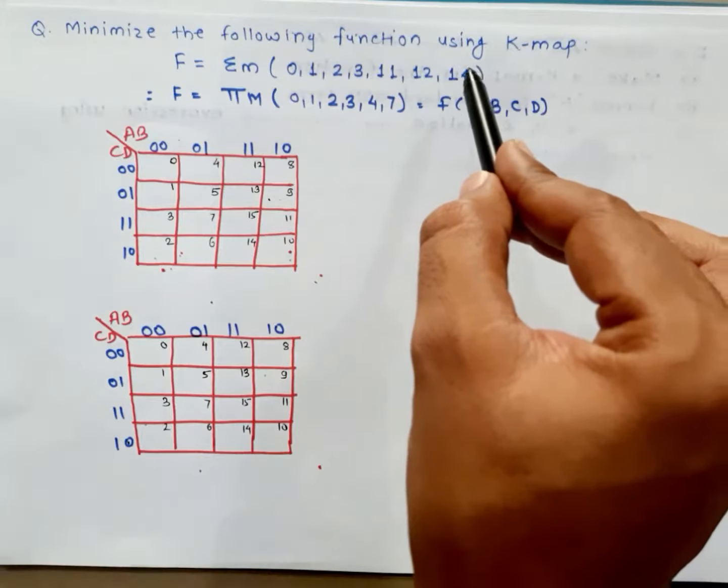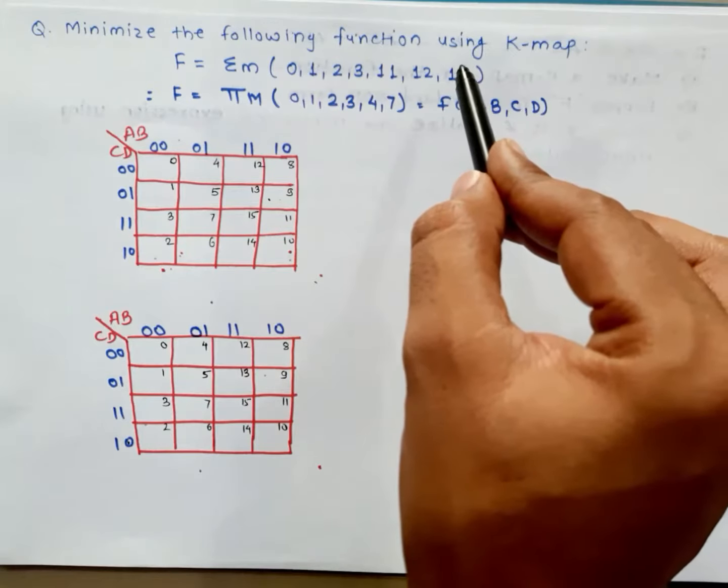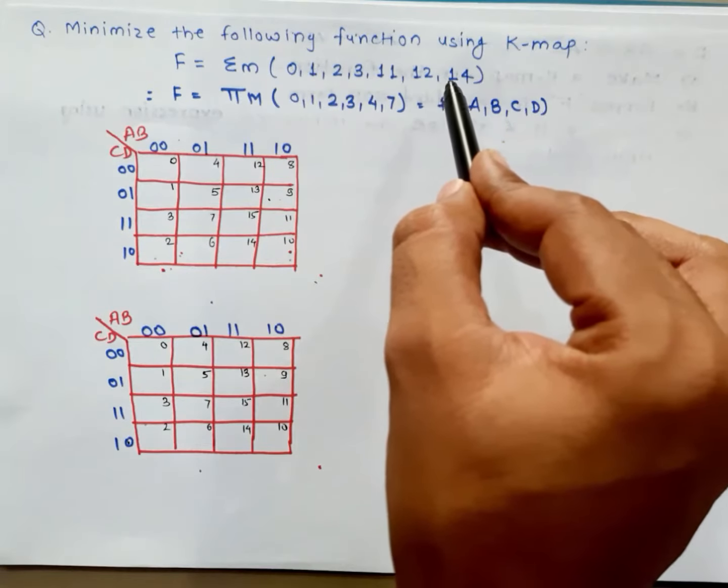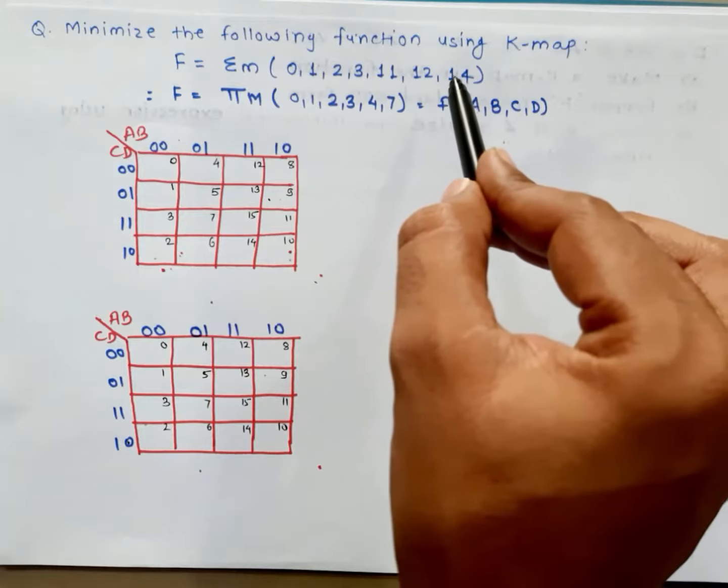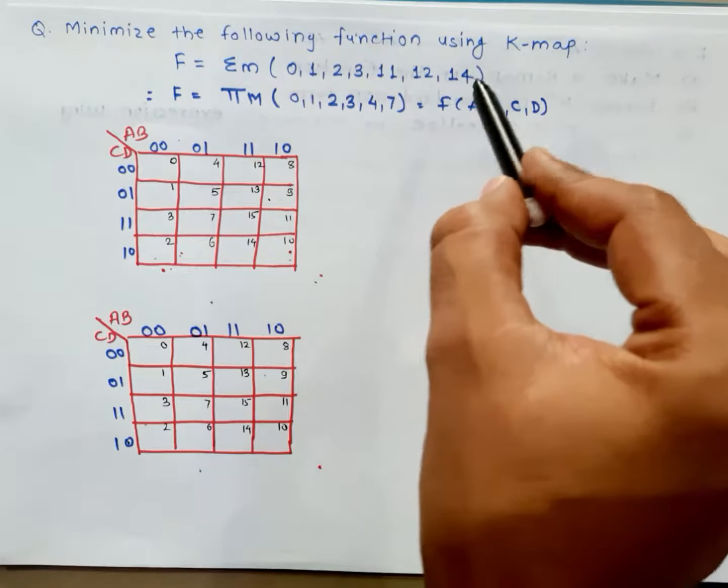So for that, we need to design the 4 variable K-map.